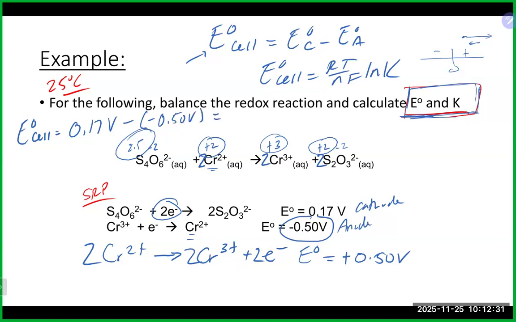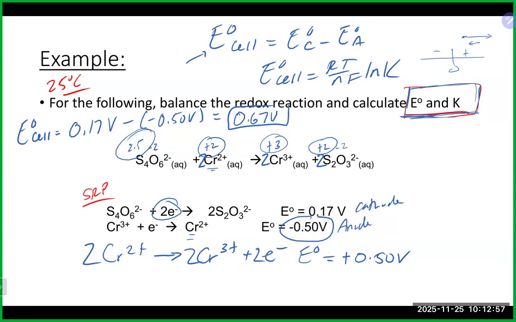That is going to turn it into a positive, and we will end up with a cell voltage of 0.67 volts. That is a positive value for E, which means we should have a negative value for G, so this reaction should be spontaneous and product favored. And that should give us a larger value for K.